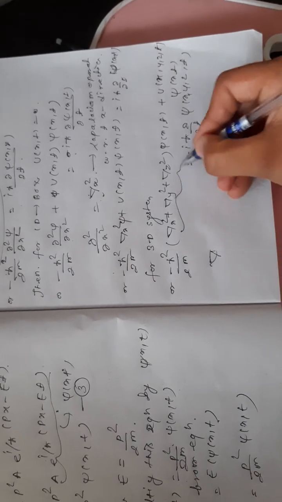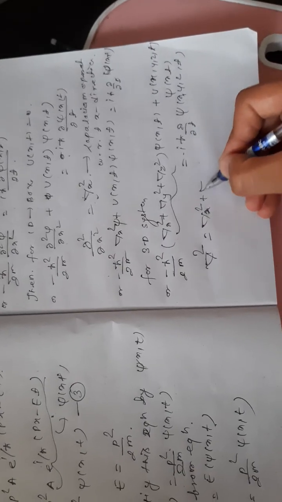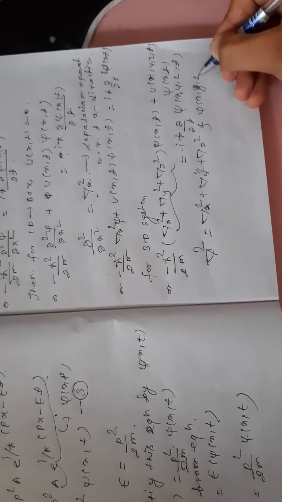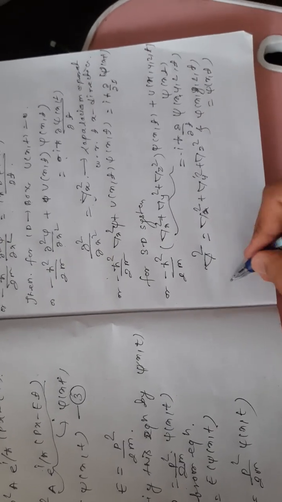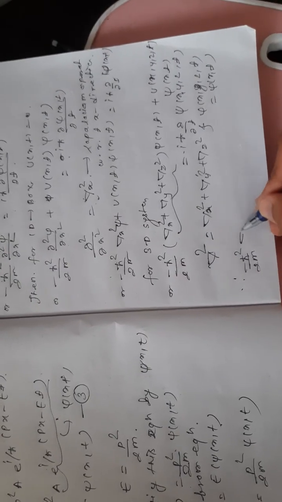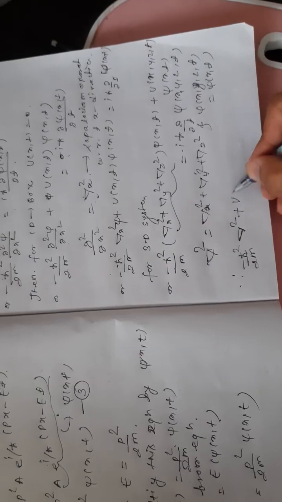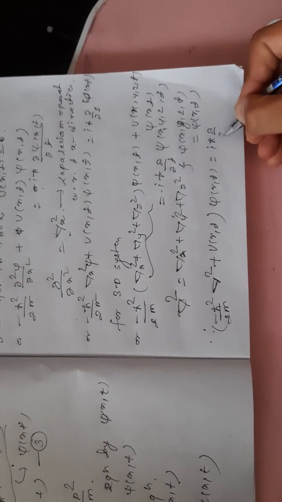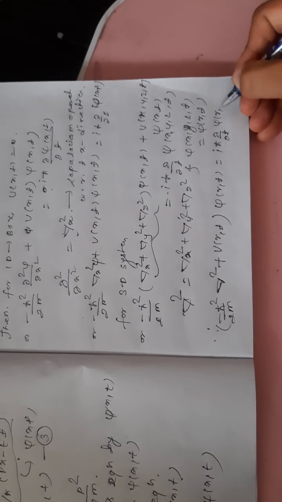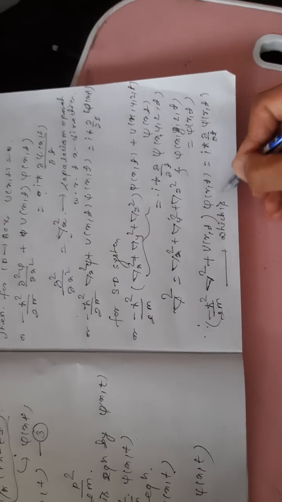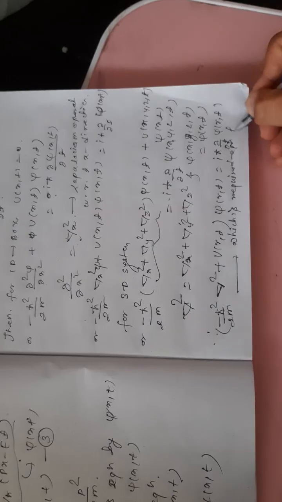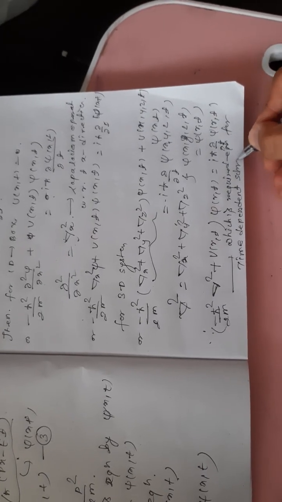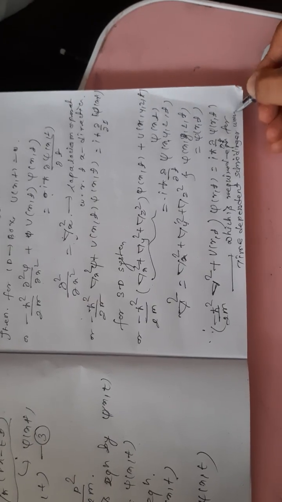We can replace this term by ∇², and ψ(x,y,z,t) by ψ(r,t). Therefore minus ħ²/2m ∇² plus V(r,t) ψ(r,t) will be equal to iħ ∂/∂t ψ(r,t), which is the required equation for the time dependent Schrödinger wave equation.